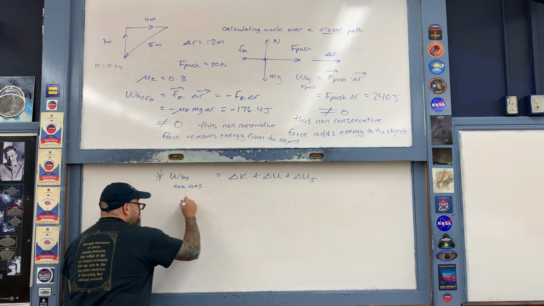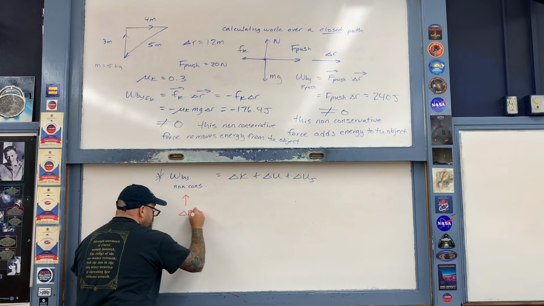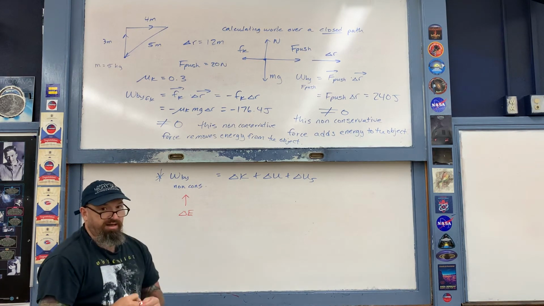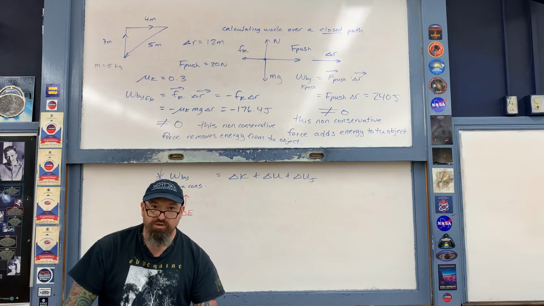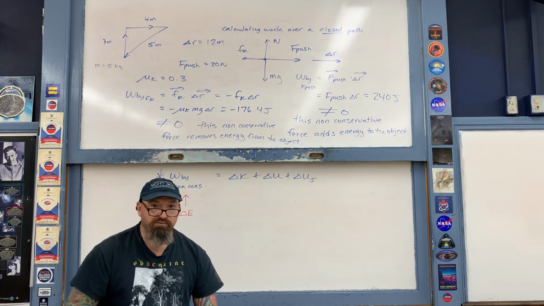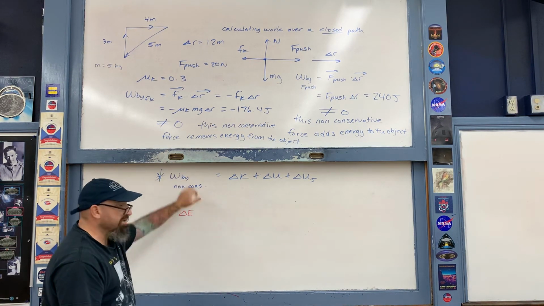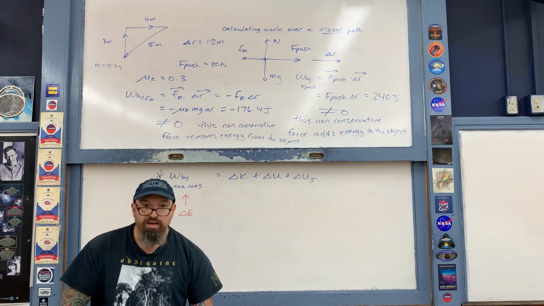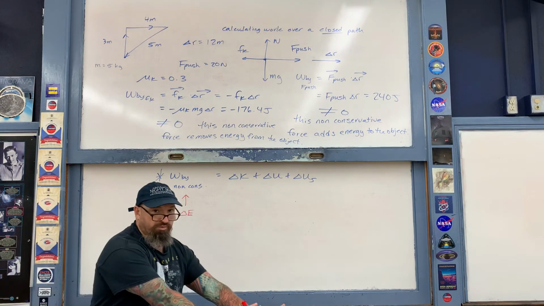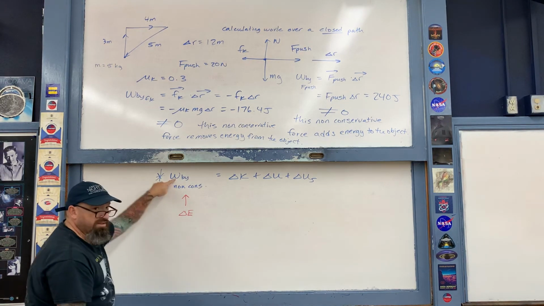Now the left-hand side of the expression is still interpreted as the change in the total energy E of the object. So if no non-conservative forces are present, there's no pushing force and there's no kinetic friction, then this is equal to 0 and the energy is conserved, like we've seen in previous examples. However, if you have a pushing force present, then this would be a positive number.